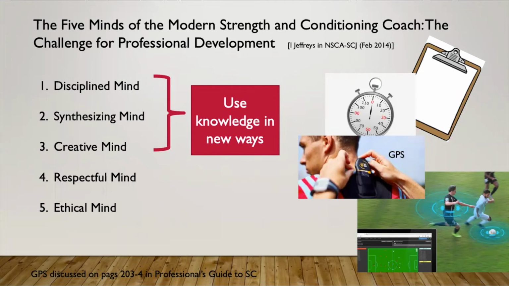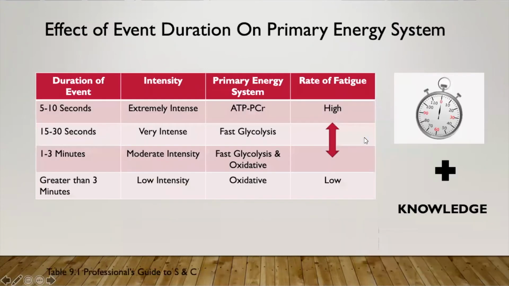The satellite bounces information from here up to the satellite and then back down. This happens to be soccer. Each player has one of these on, so they identify how far they run and how fast they run. It's all computerized and pretty sophisticated, but you can do many of those same things with a stopwatch and a recording system. And the fact that you're asking questions about what you should be measuring is the way you use your creativity.